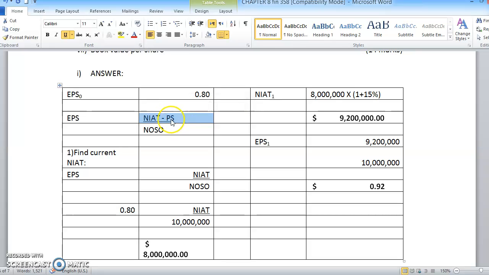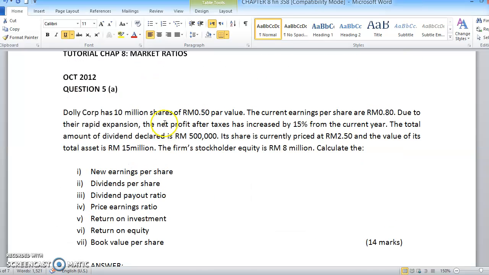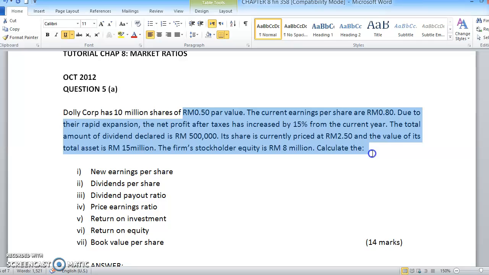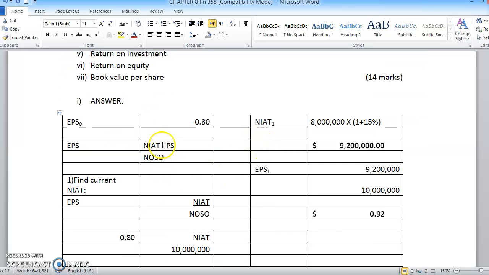Net income after tax mesti minus dengan preferred stock dividend if available, dan baru bagi dengan number of common stock outstanding. But in this question, dia tak mention pun what are the preferred stock dividend, and sangat rare ditanya about this preferred stock dividend. But if available, you kena letaklah belakang ni net income after tax minus the preferred stock dividend.